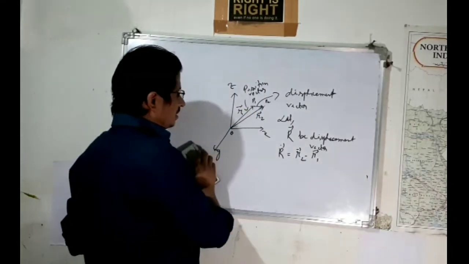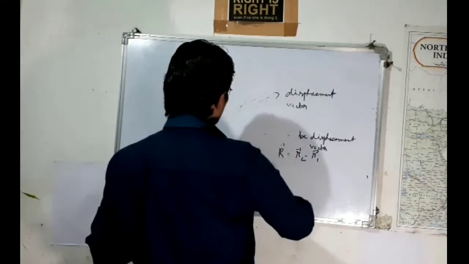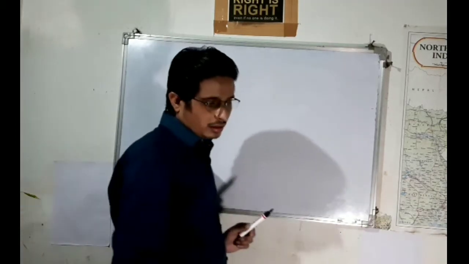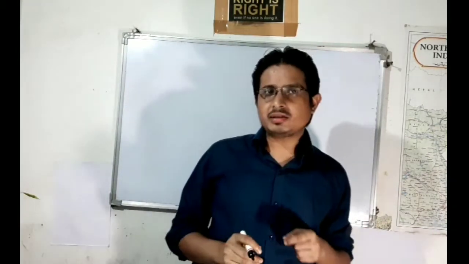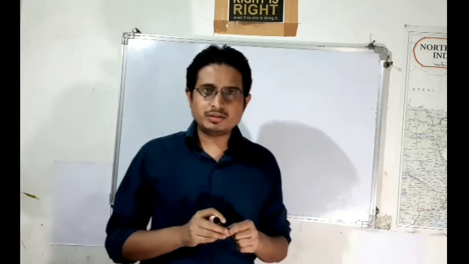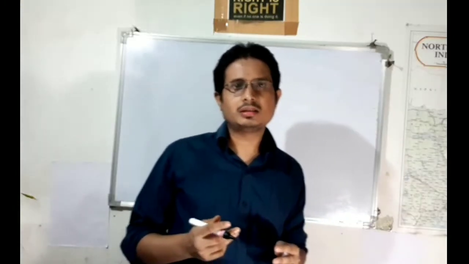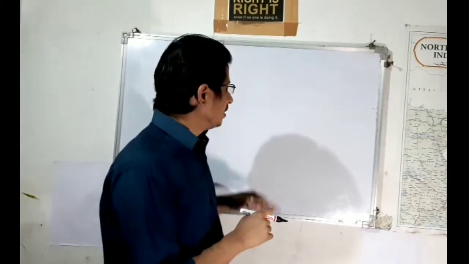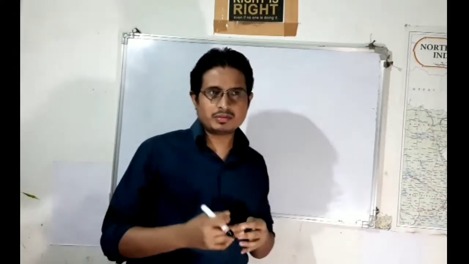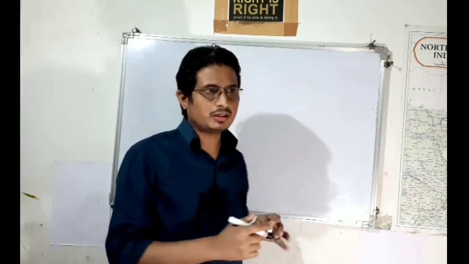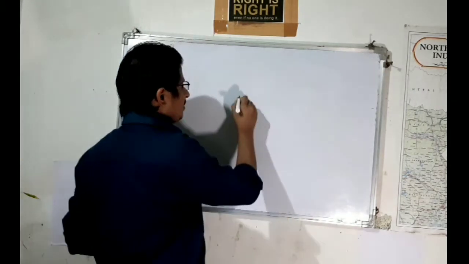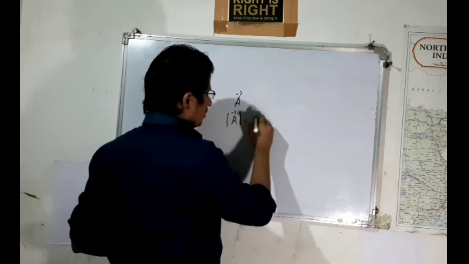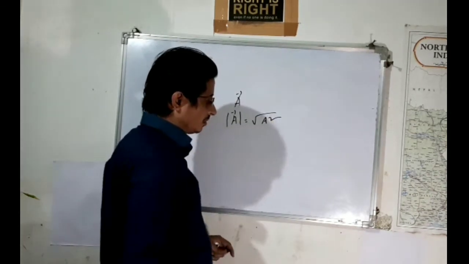Besides position vectors and displacement vectors, there are some other vectors. Suppose a vector has unit magnitude in a specific direction. Before going to that, I have to mention the magnitude of a vector. Suppose A is a vector, then its magnitude can be written as A is equal to square root of A square.